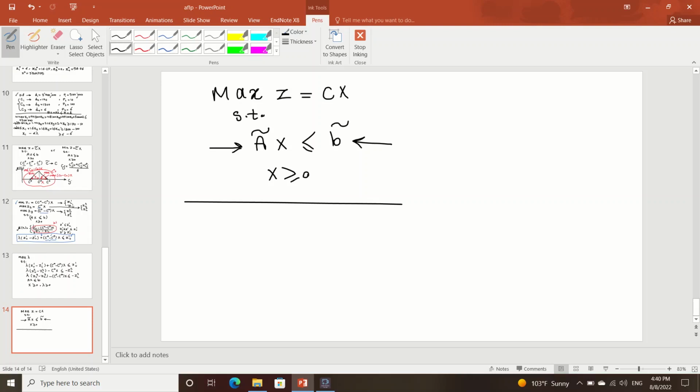In this structure, we assume that both technological coefficients and right hand side numbers are fuzzy, triangular fuzzy numbers, simultaneously.